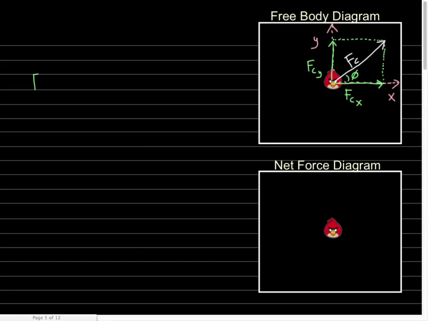And briefly, let's say FC equaled 30 newtons and theta equaled 40 degrees. Then to find the force of C along the x-axis, all you do is 30 newtons times the cosine of 40 degrees. So you just, in your calculator, do 30 cosine 40, enter, and you get out 22.9.